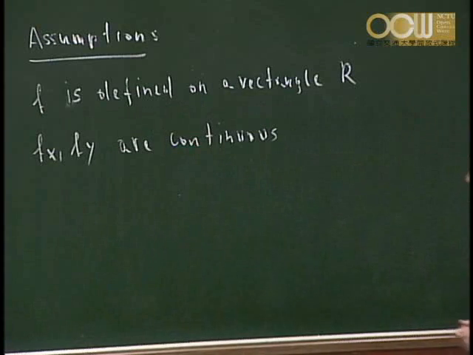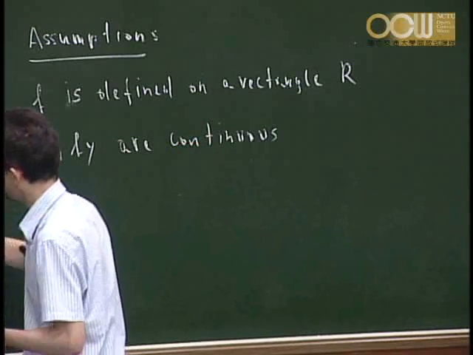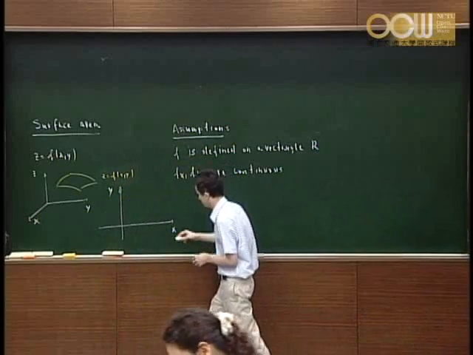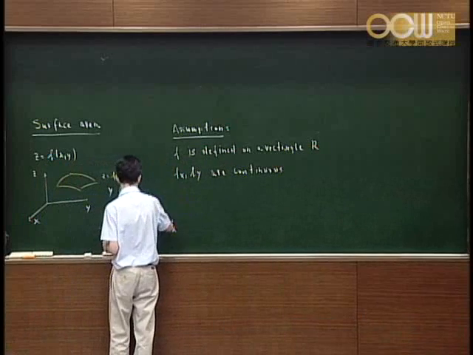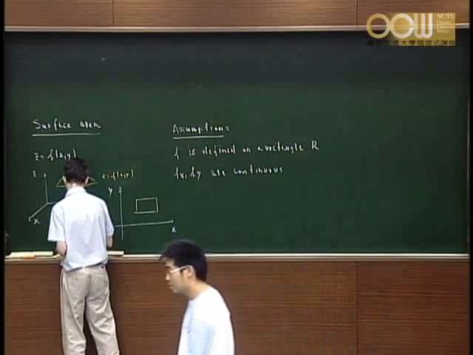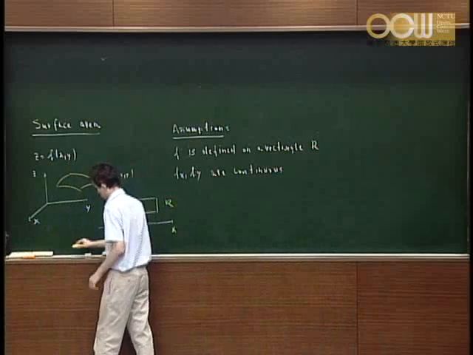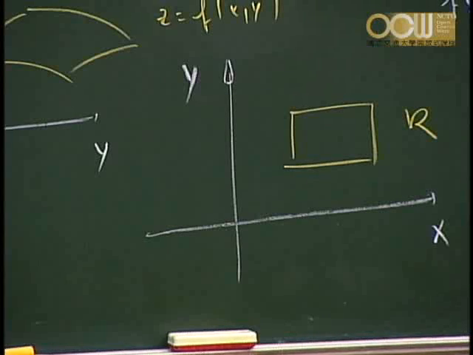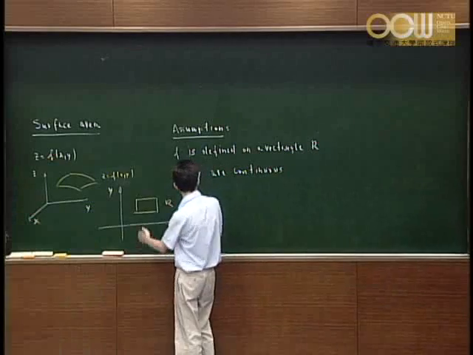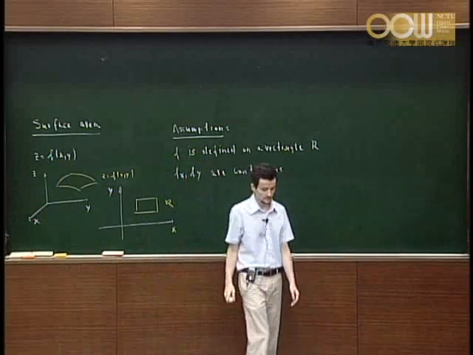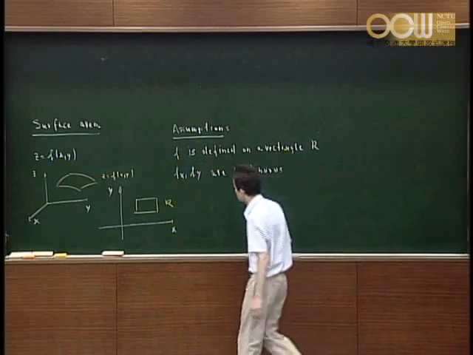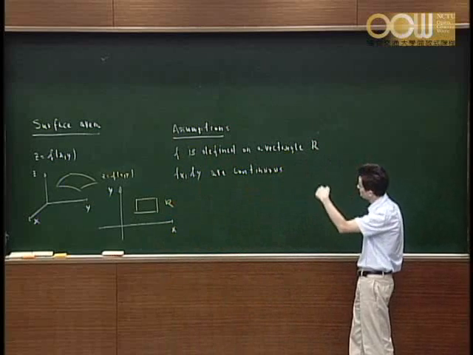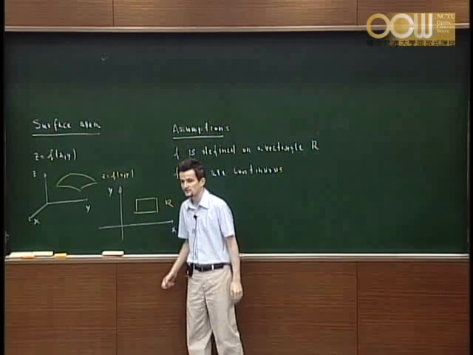Okay, so what is our idea? Actually, maybe I plot also the domain. So let's say this is the domain of the function. So this is R. Okay, so the idea is the usual idea. Because the domain is a rectangle, we will subdivide this rectangle into smaller rectangles. So we will choose n points in x direction and n points in y direction and subdivide this rectangle.